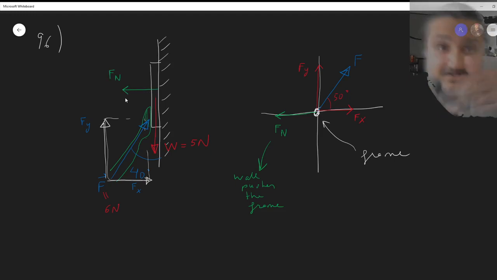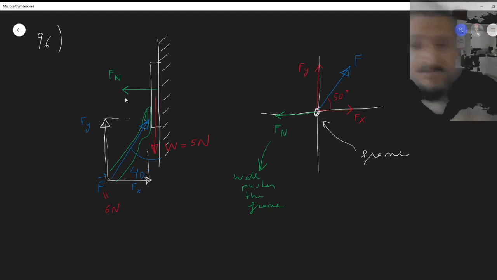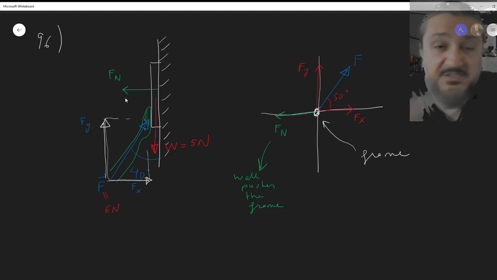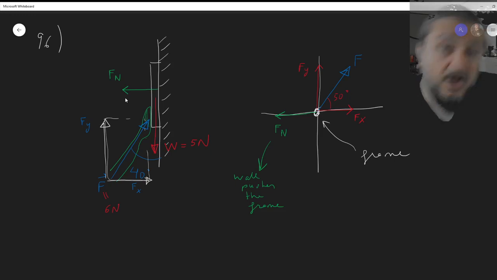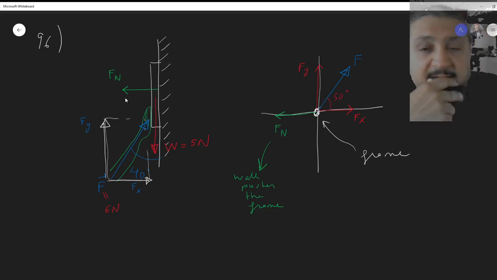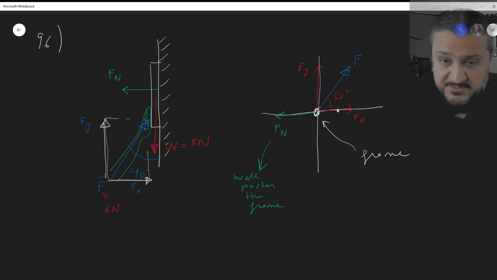Of course, in return, the frame pushes the wall to the right, but let's not bother with that, especially when drawing a free body diagram for the frame only. We only show the forces acting on the object. To complete it, you also have to include the weight, which is downward.